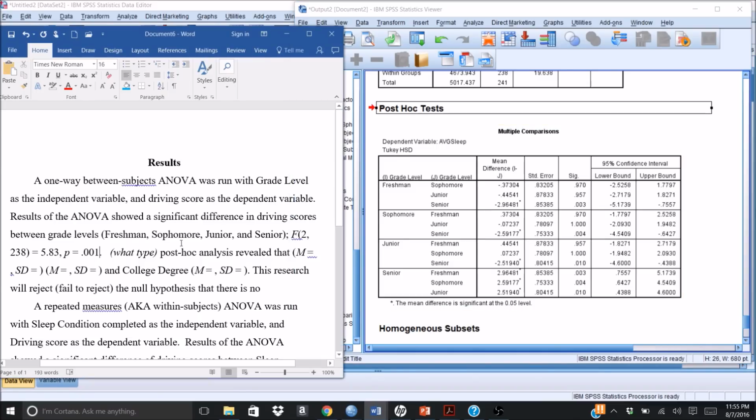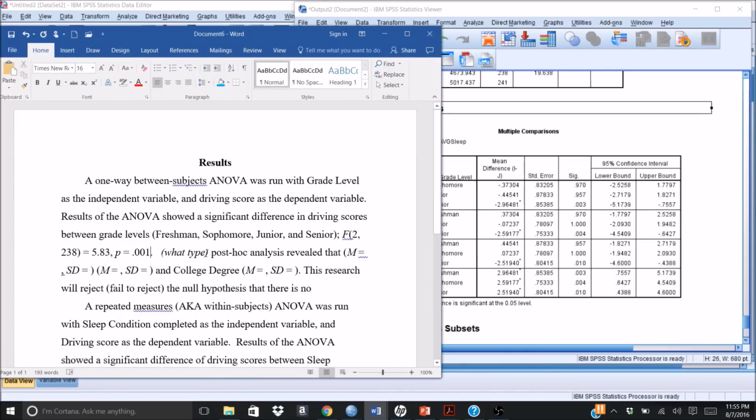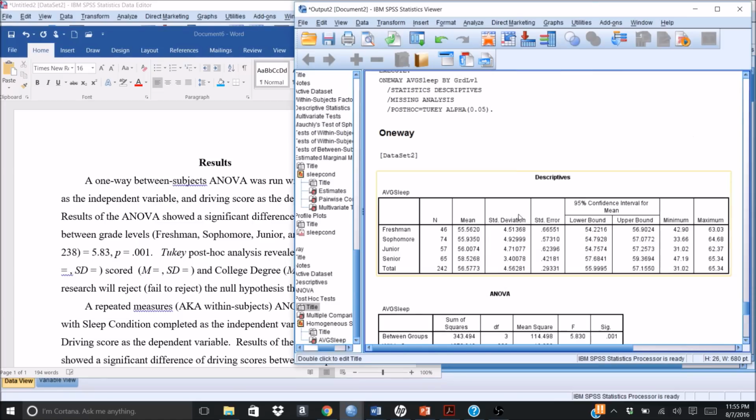So when I'm writing this up, I am going to want to say Tukey, not turkey. Post-hoc analysis revealed that seniors and their mean and standard deviation scored, and let's actually go back and look at these.